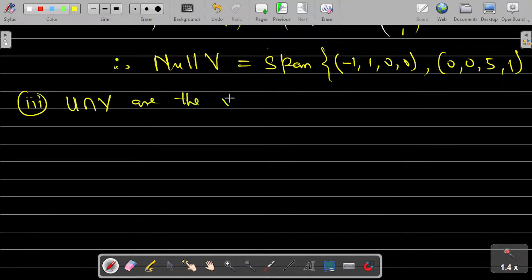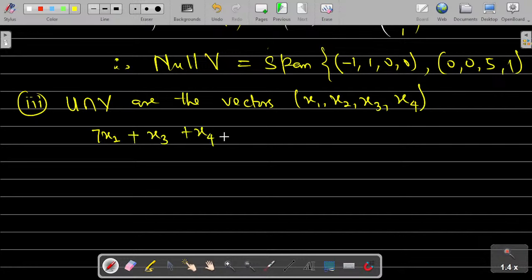Let me bring out the points given here. Are the vectors x1, x2, x3, and x4 that satisfy the conditions in U and V. Now, with intersection, it means it's going to make up all the equations you have in U and V. So that includes 7x2 plus x3 plus x4 equal to 0.